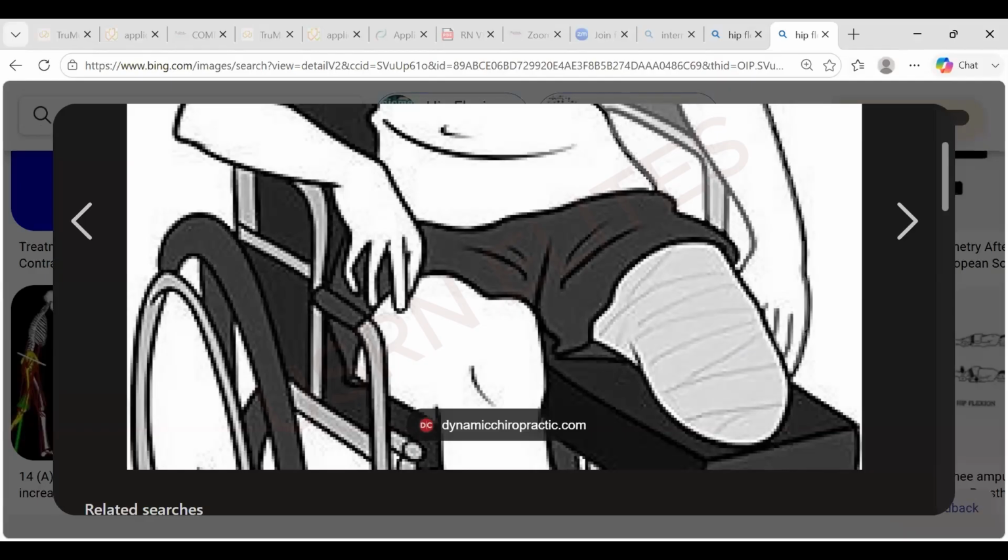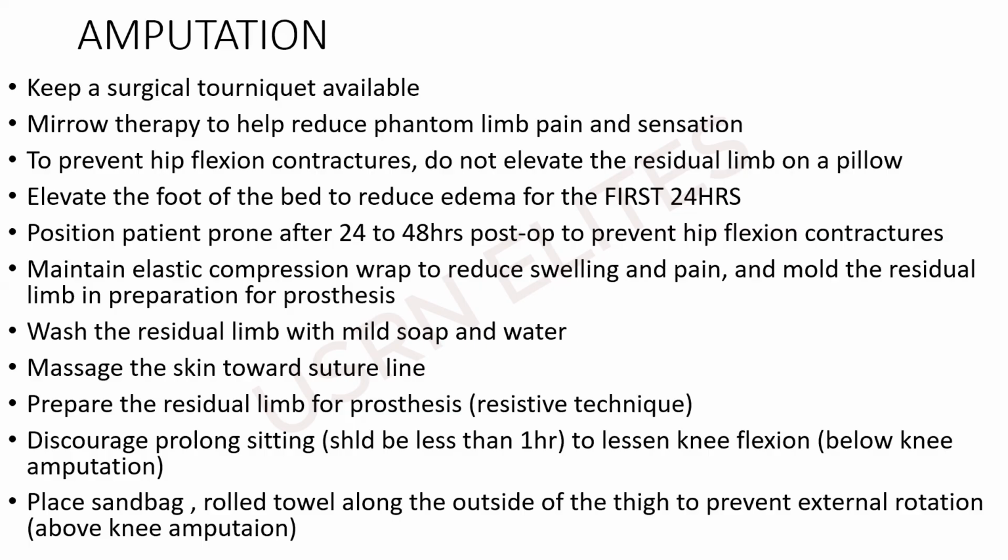Elevate the residual limb on a pillow after surgery. But what do we do? If you want to elevate, why are we elevating in the first 24 hours? Because right after surgery, there's going to be what? Edema.